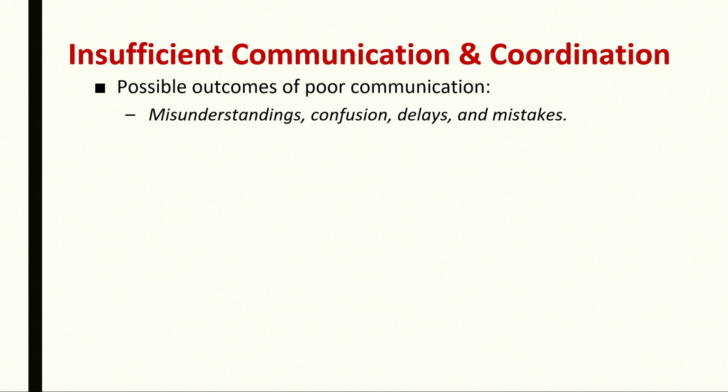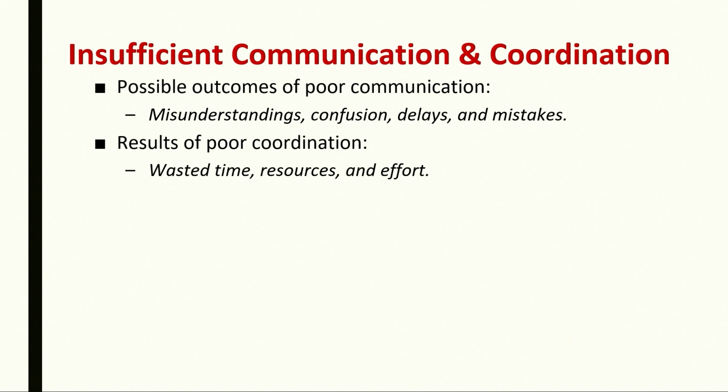And of course, even worse still, mistakes. What about poor coordination, all right? And I don't mean you go left, I go right, must follow the same way. Not so much. Worse is when time gets wasted, resources get wasted, and effort gets wasted.